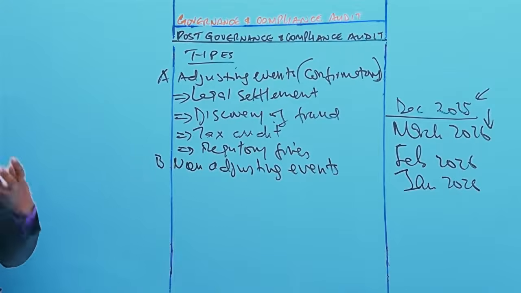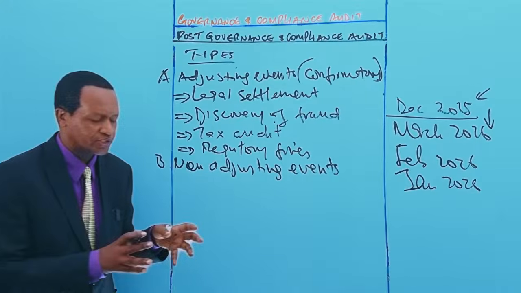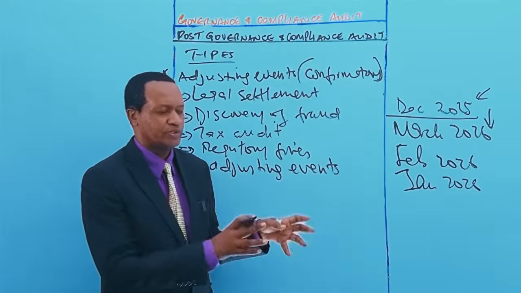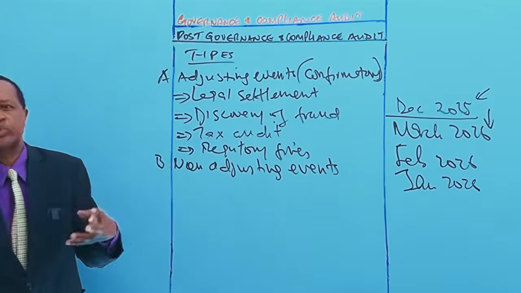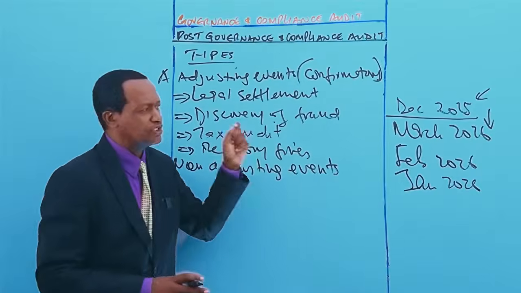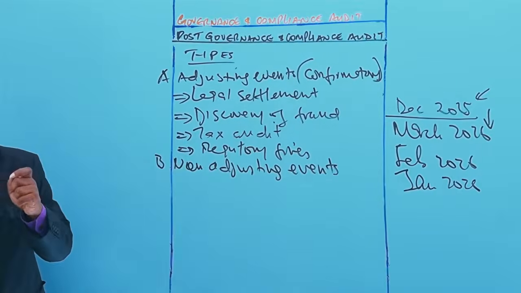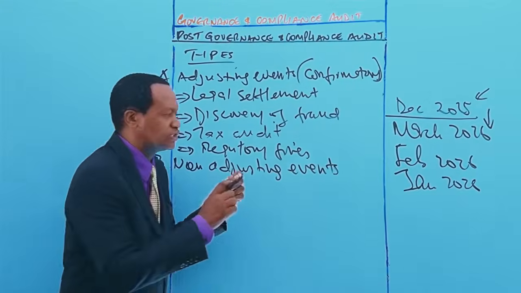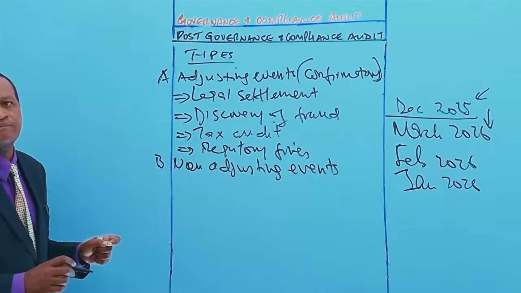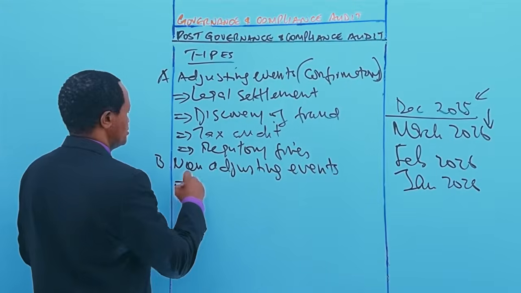These relate to conditions that arose after the audit period. They do not change the 2025 score, but they are so material that they must be disclosed to ensure the report is not misleading.